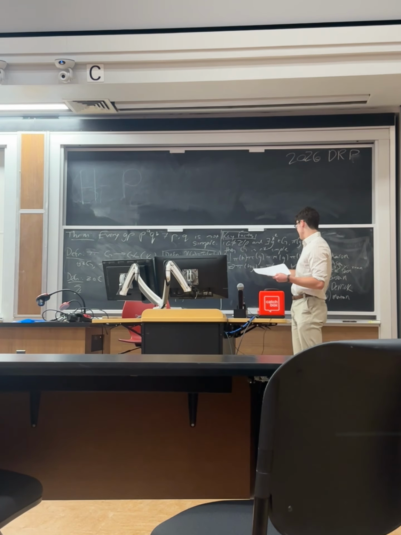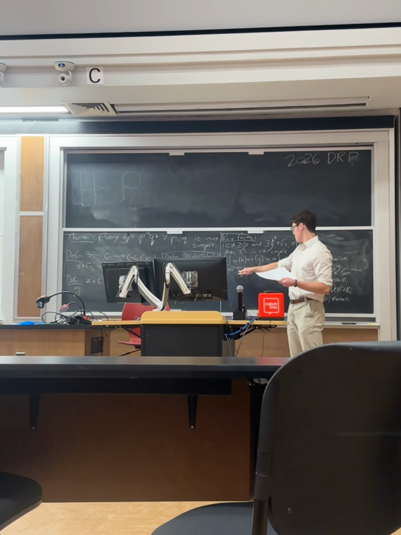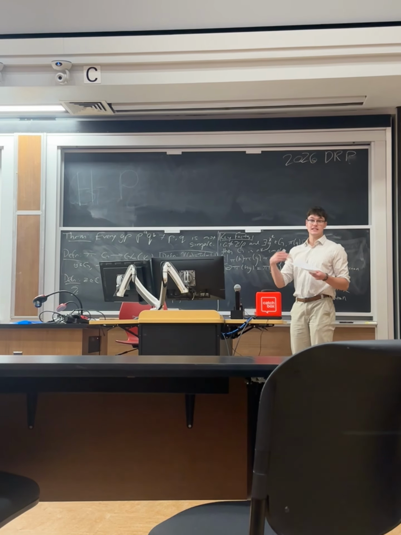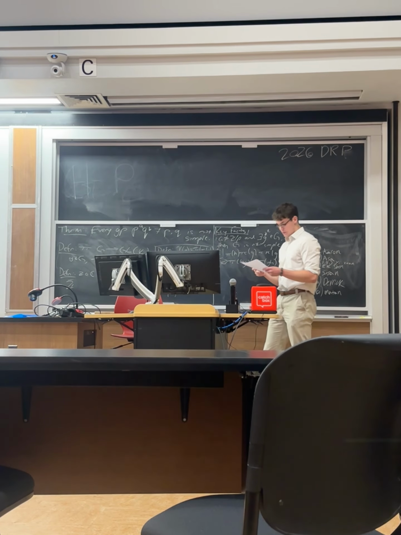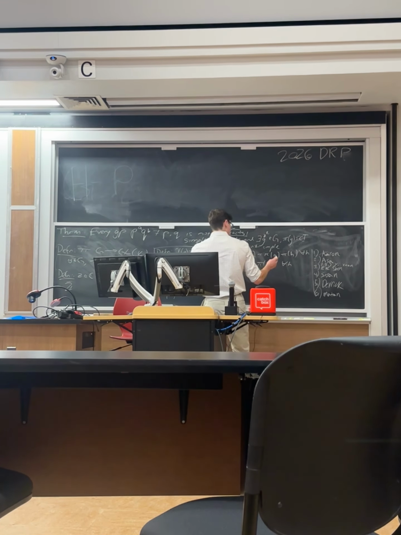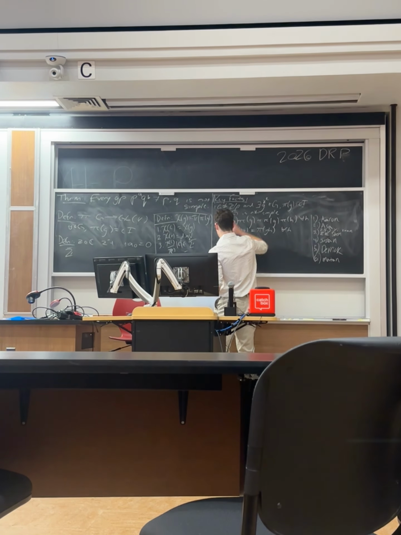Or hg is not equal to gh in general, but then this would mean that pi is not injective, and since it's not injective, the kernel of such a representation is a normal subgroup. Okay, now I'm going to switch boards here.